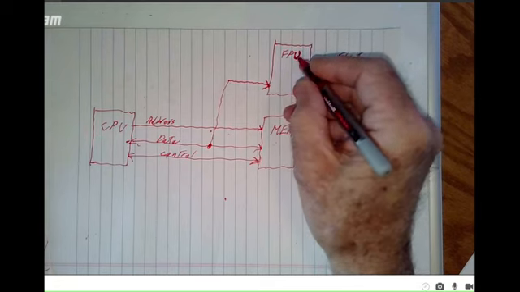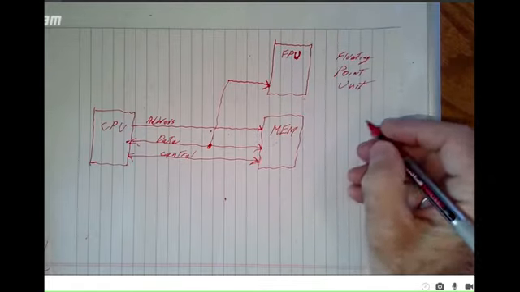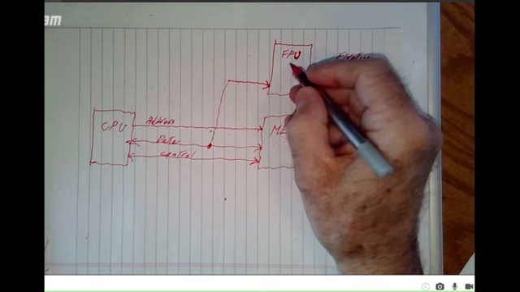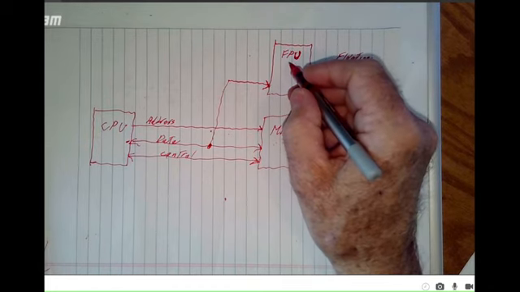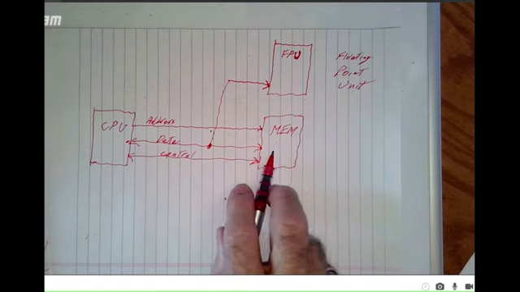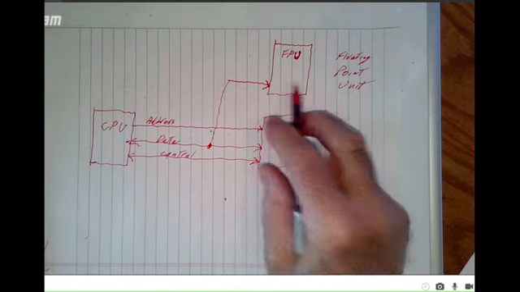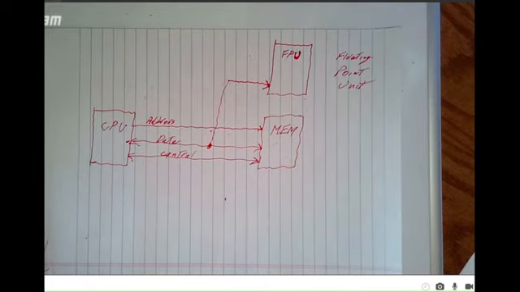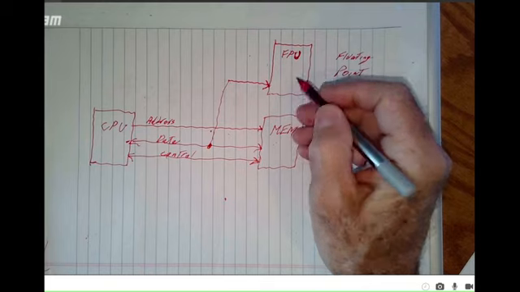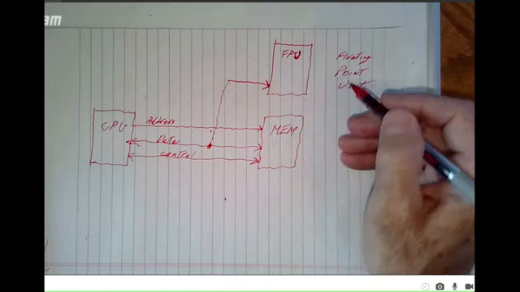And usually what you want to do is perform floating point loads and floating point stores. Just like the CPU can store integers and load integers, the floating point unit needs to be able to store floats and load floats.